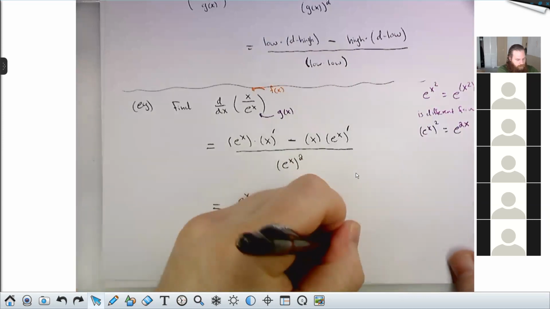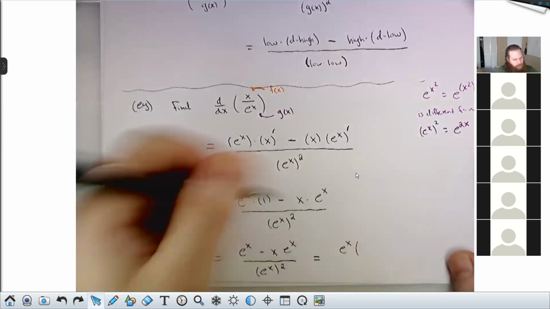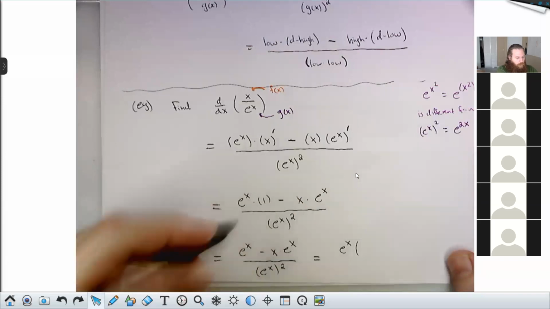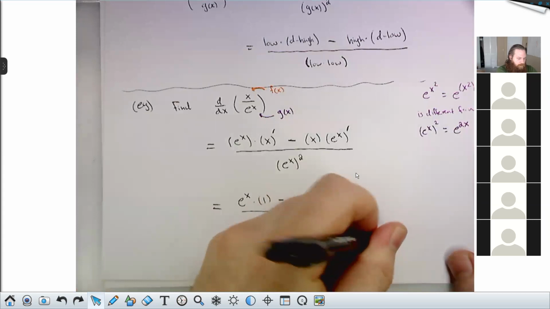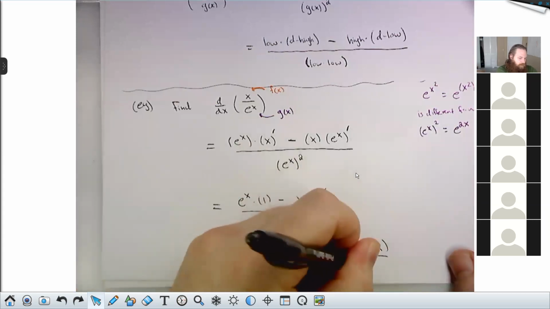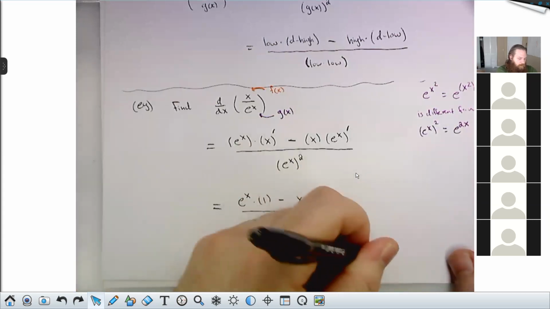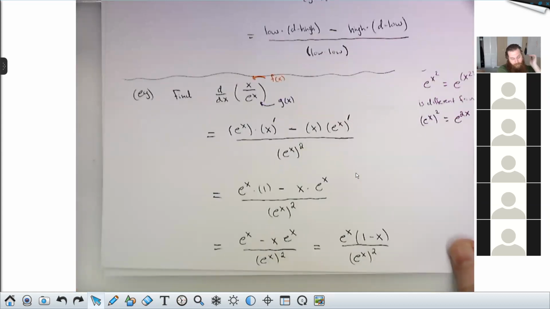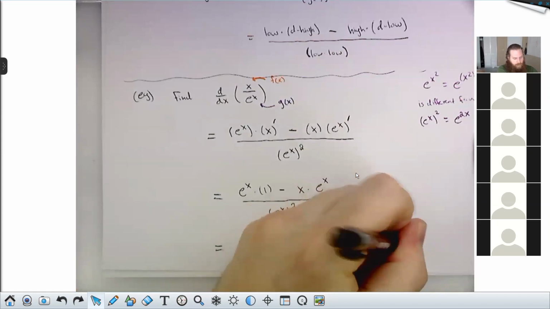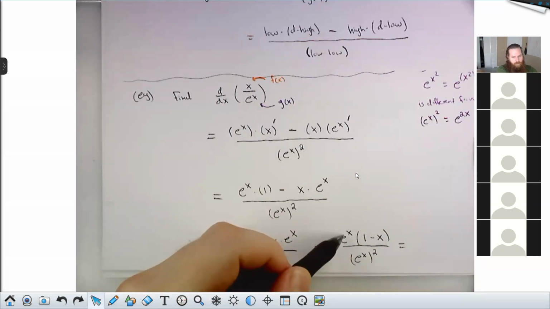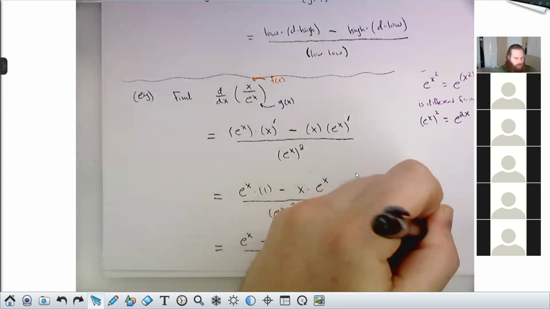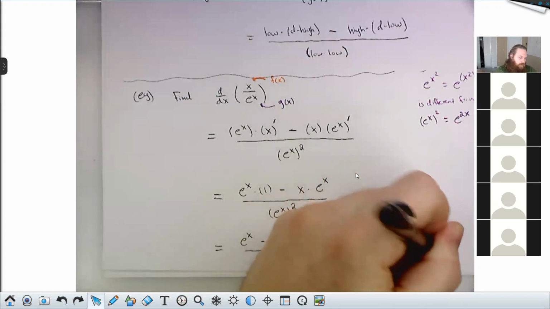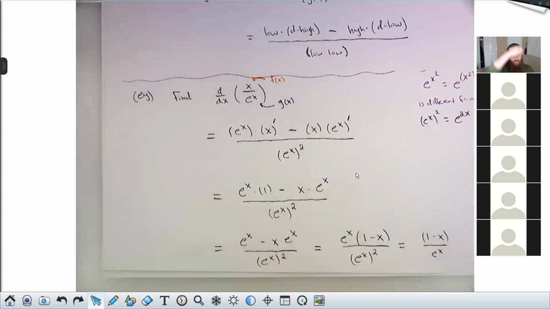If I factor e to the x out of the top, what's left here would be a 1, and what's left here would be an x. This is 1 minus x, and it's still being divided by (e to the x) all squared. And now e to the x over (e to the x) all squared, those can cancel. And I get 1 minus x over e to the x. So here's this derivative nicely simplified.